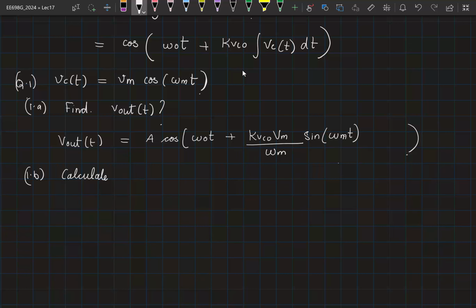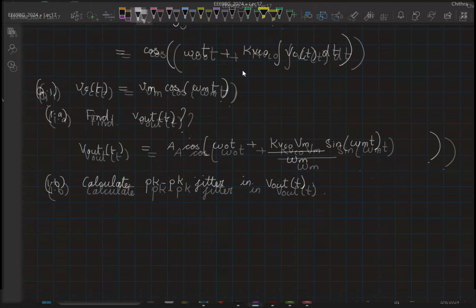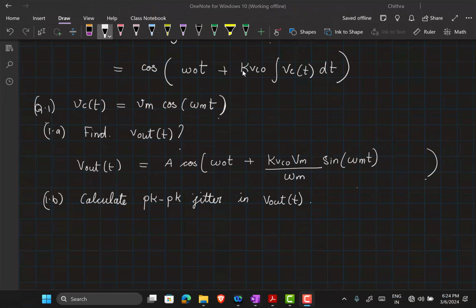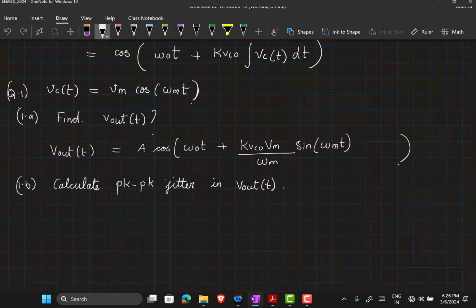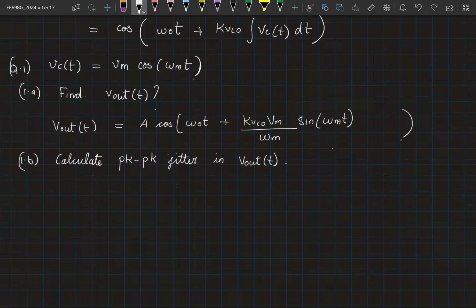Okay. So then the next part is to calculate the peak to peak jitter in V out of t. So we are trying to actually measure the range of the x-axis, like how much maximum jitter we have.